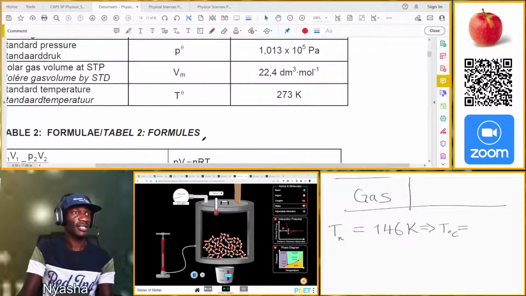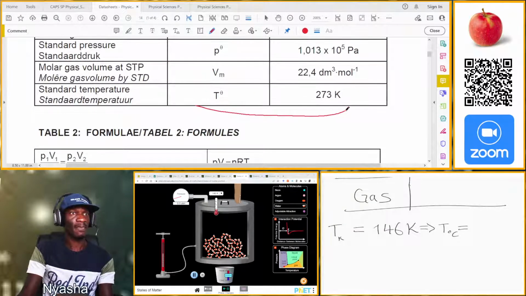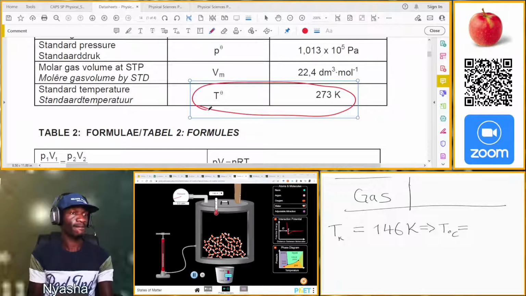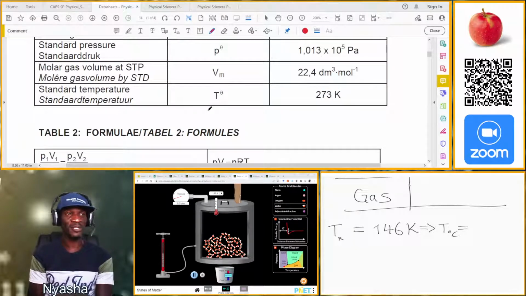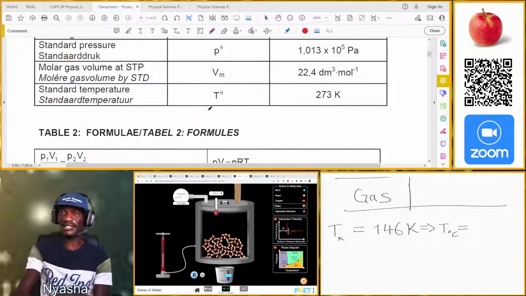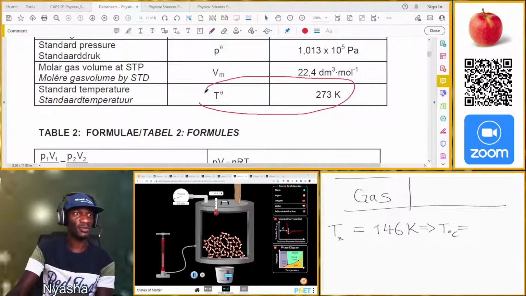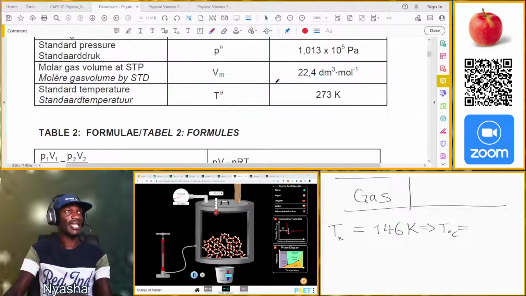So our standard temperature corresponds to what? How many degrees does this standard temperature correspond to?